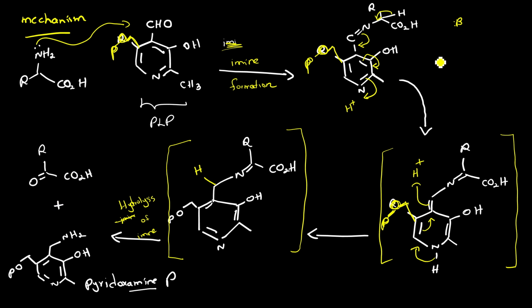If you don't remember the mechanism, it is basically the reverse of the formation of imine. If you know the imine formation, then think about the reverse of that mechanism, and there you have the hydrolysis of imine. If you are not recalling that, I will put the link here, and you can go back and watch that video. It is only about 3 to 4 minutes, so you can recall it. Both these reactions are very important.